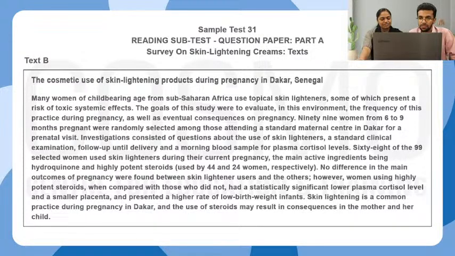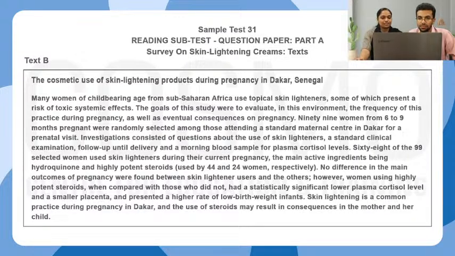So can you please identify the precise word for the question? Our question is, which kind of skin lighteners are used by women in sub-Saharan Africa?